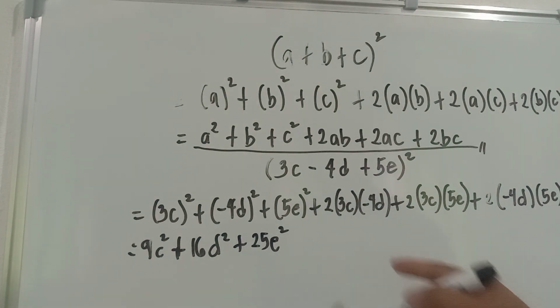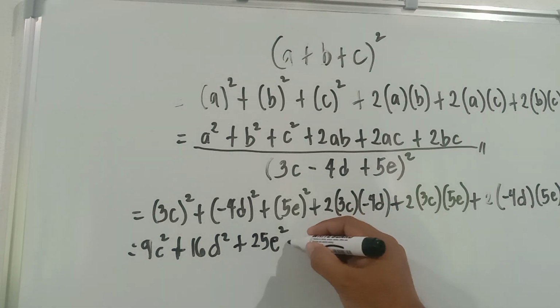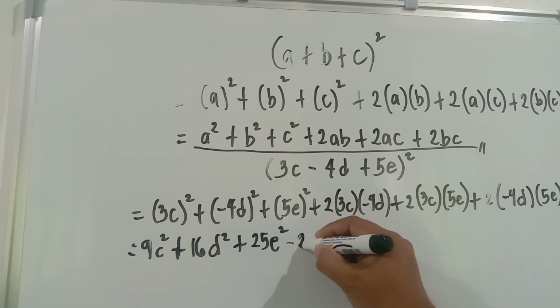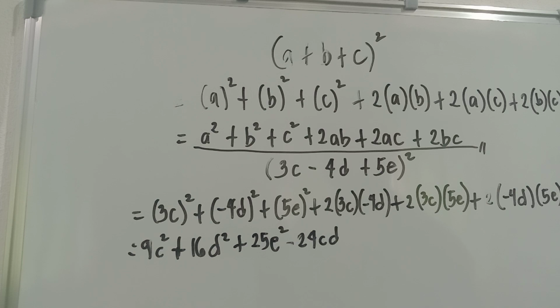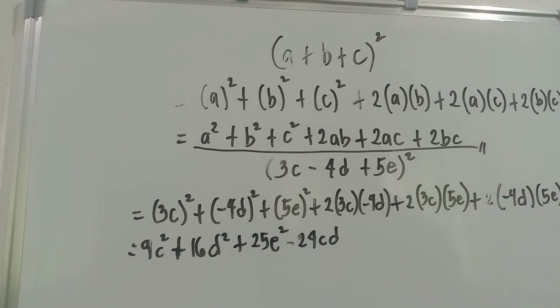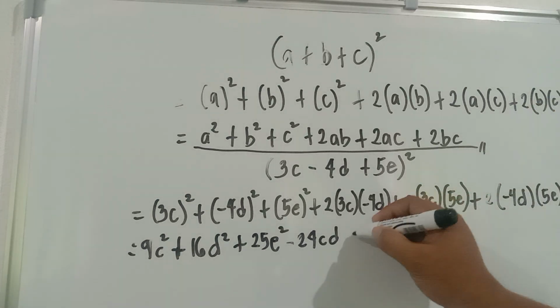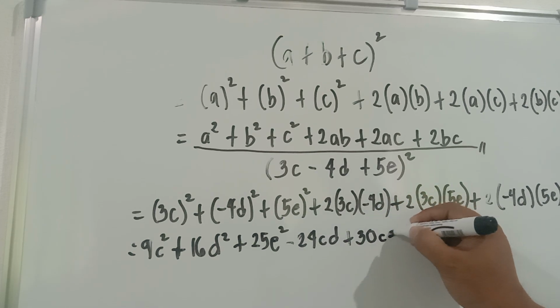So next, we're going to multiply 3c and negative 4d. It gives us negative 12cd. Negative 12cd multiplied by 2 is negative 24cd. Next, we're going to multiply 3c and 5e. So 3c times 5e yields 15ce. 15ce times 2 is 30ce.